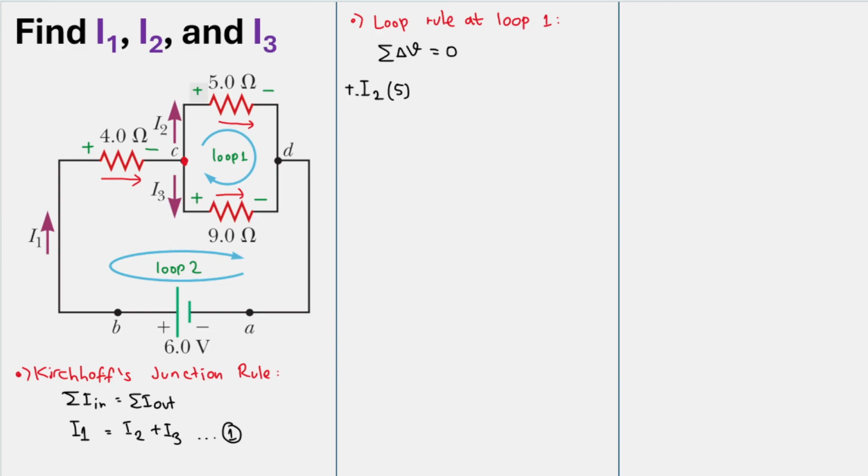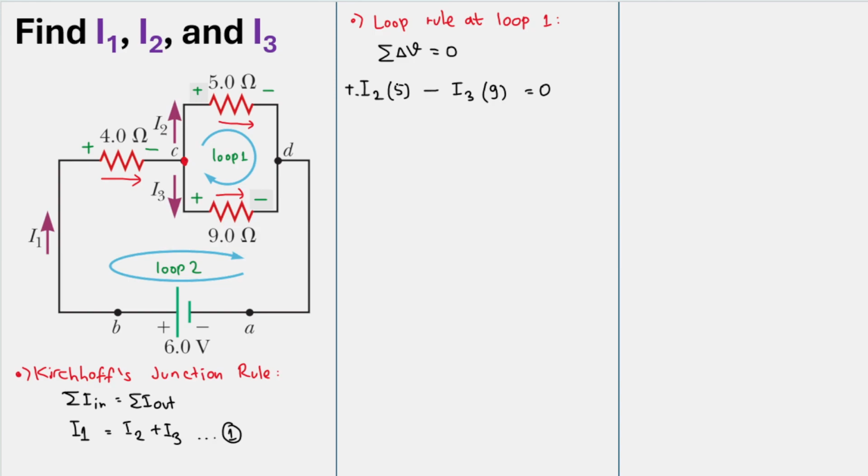Okay, and then let's move on to the other resistor. So here we have a different case. The loop is entering from the negative side, so I will have a minus sign here. And remember the voltage is current times resistance, and the current is I3, and the resistance is 9 ohm, so I have 9, and all of that will equal 0.